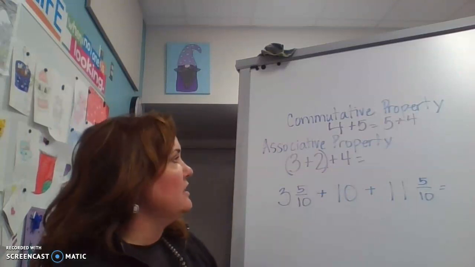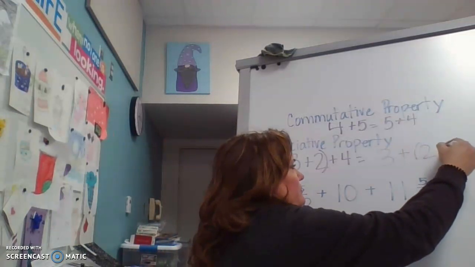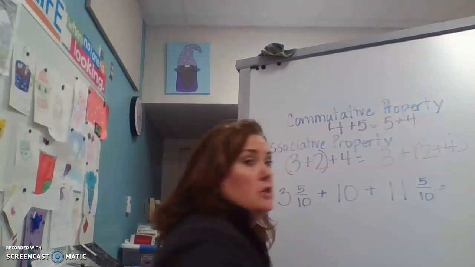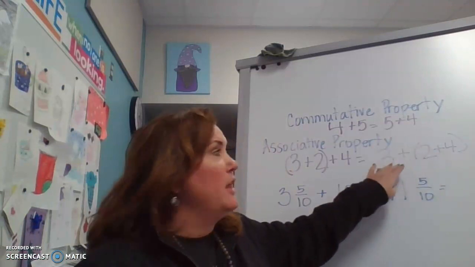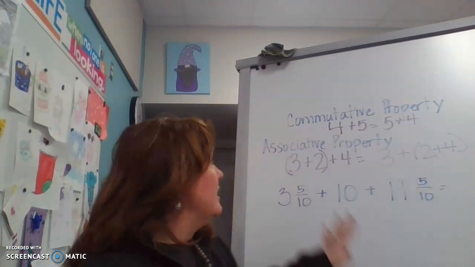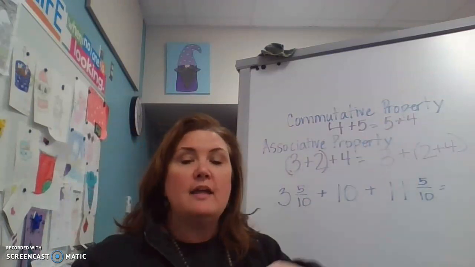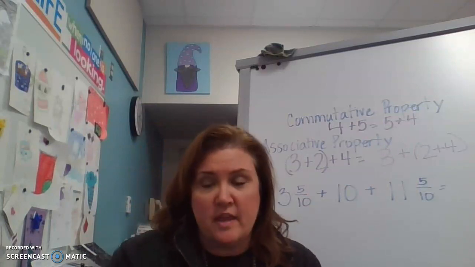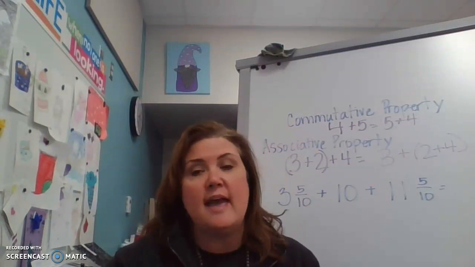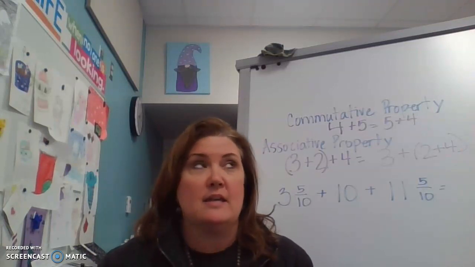Well, I can do it a different way, like for example, 2 plus 4, because I know that 2 plus 4 is 6, plus 3 gives me 9. Same thing doing it this way and the same thing doing it this way. And that's what the associative property says, that I can rearrange the numbers in the problem. As long as I add all of the numbers together, I'm going to get the same answer.